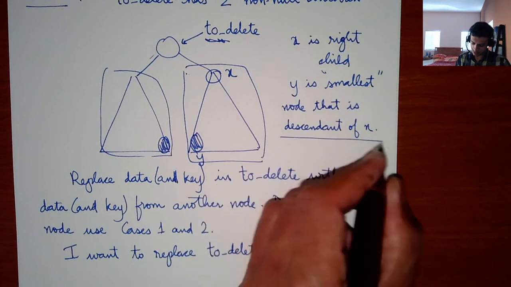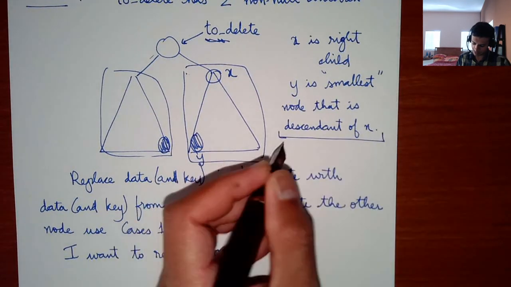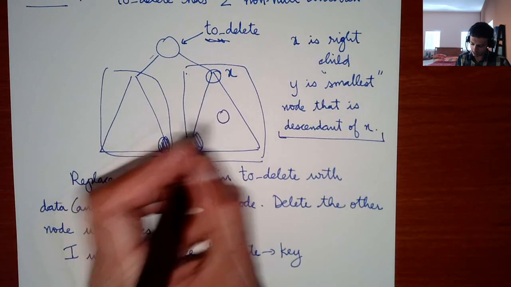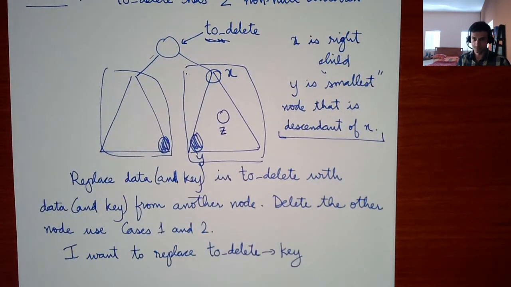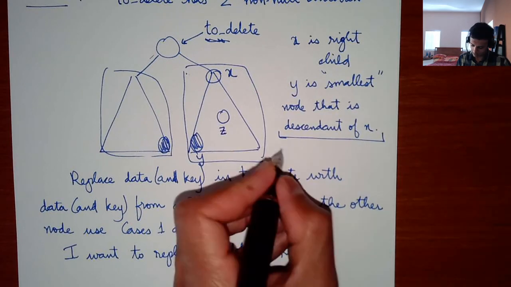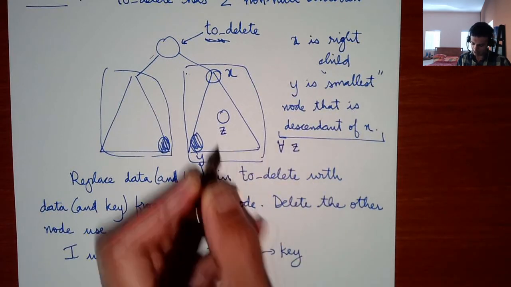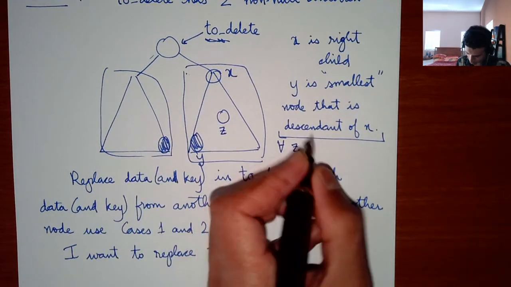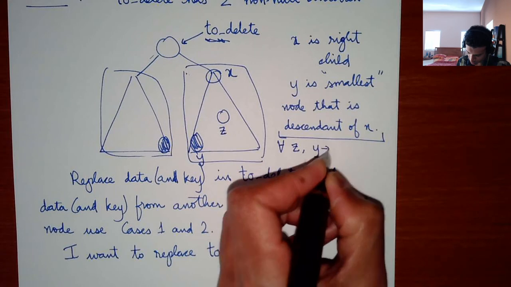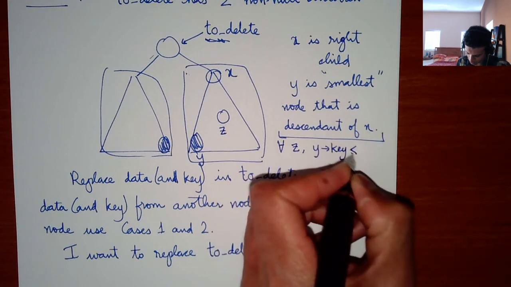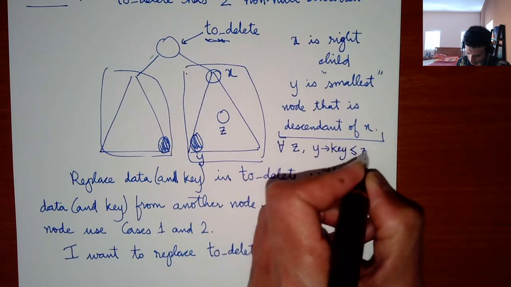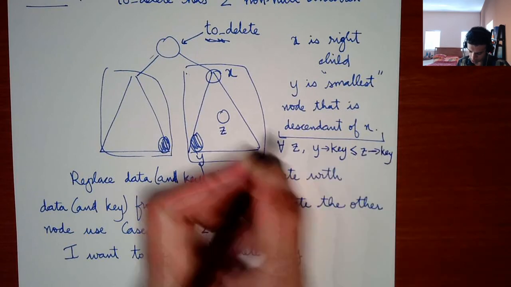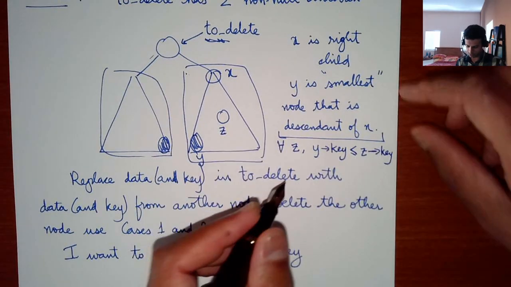Now let's understand what this means. It means that you pick any other node Z. For all Z in this subtree, the key of Y is less than or equal to the key of Z. That's just by definition because you pick the smallest node.